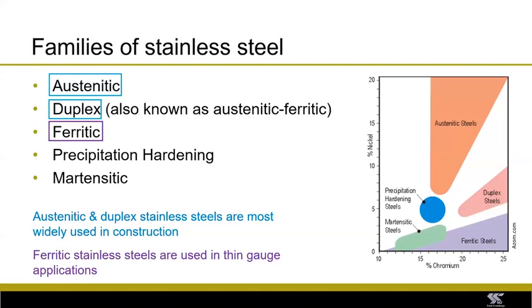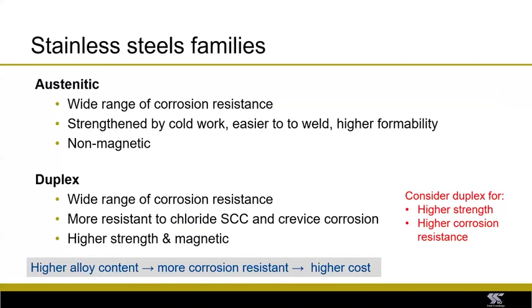The families used in construction are mainly the austenitic stainless steels. Duplex stainless steels are being used more and more now, and ferritics also find some applications. I've summarized in this slide. So the austenitics, the family gives a wide range of corrosion resistance. Interestingly, they're not magnetic, the austenitic stainless steels, which you wouldn't necessarily expect.